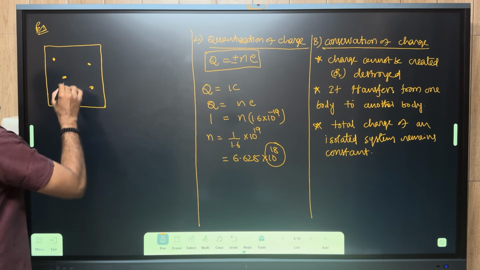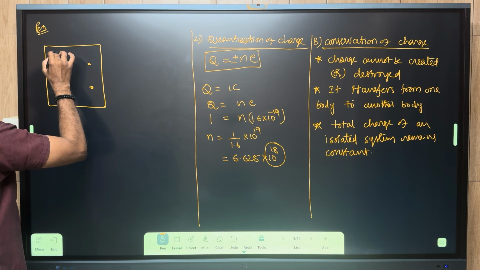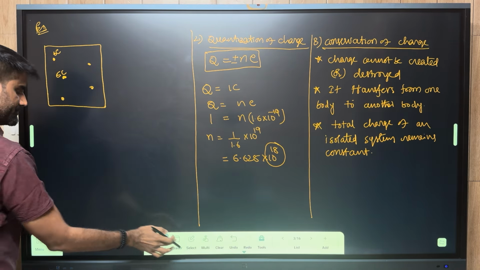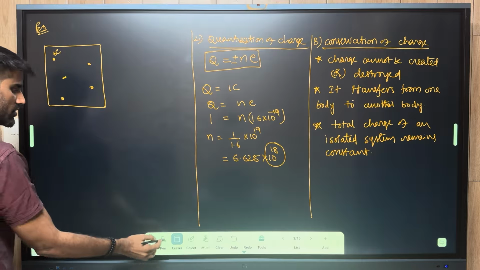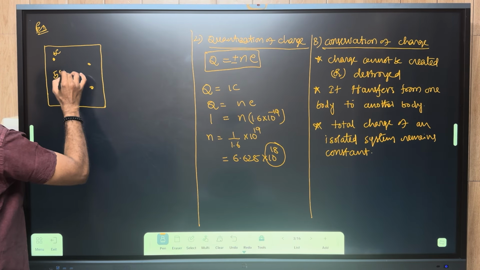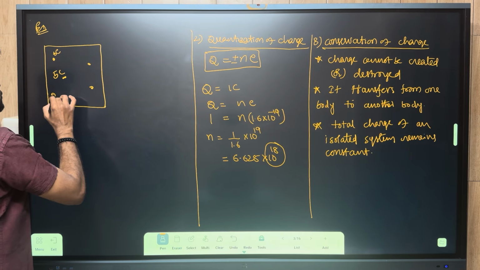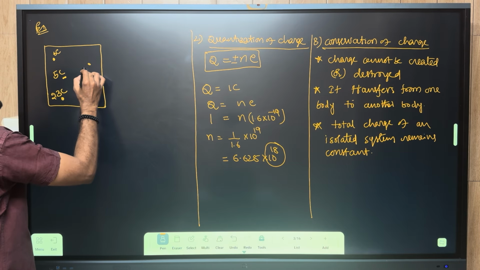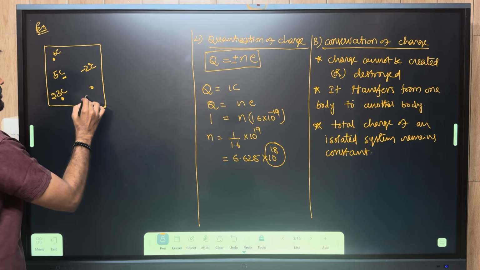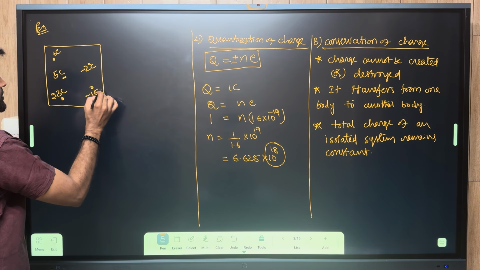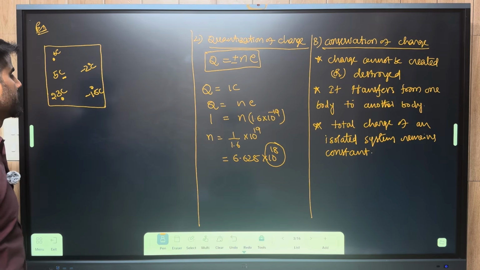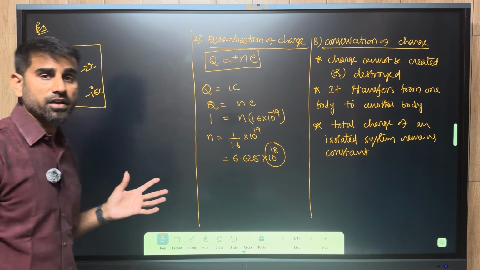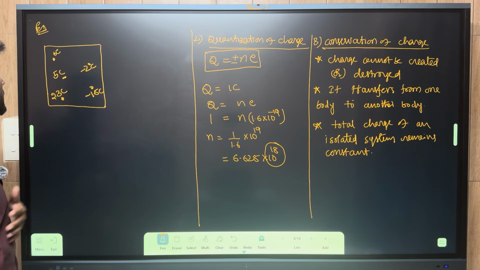And I have also measured the charges on each particle: 6 coulombs, 5 coulombs, 2.3 coulombs, minus 2 coulombs, and 1.6 coulombs, let's say. These are the particles with charges that I have represented on the diagram.